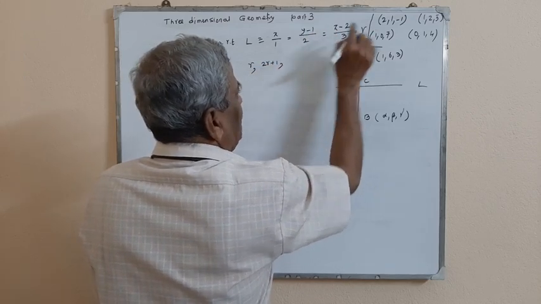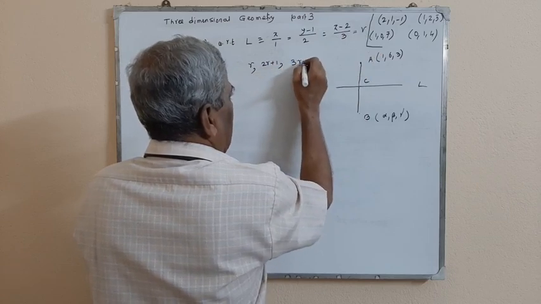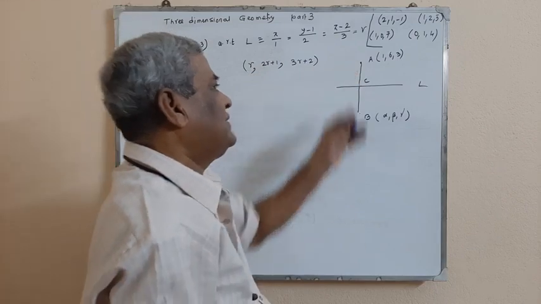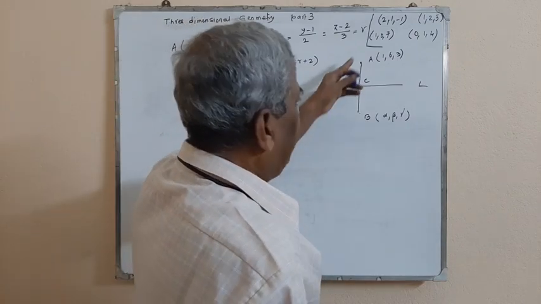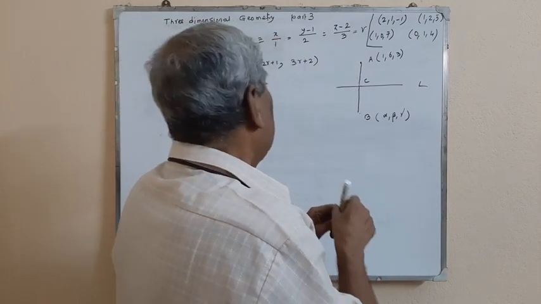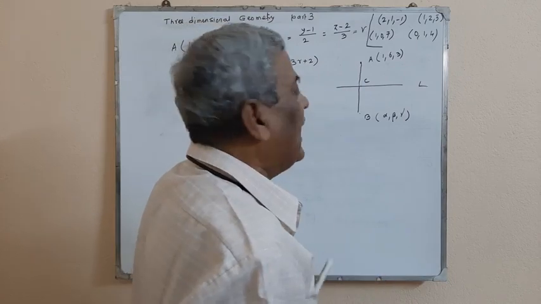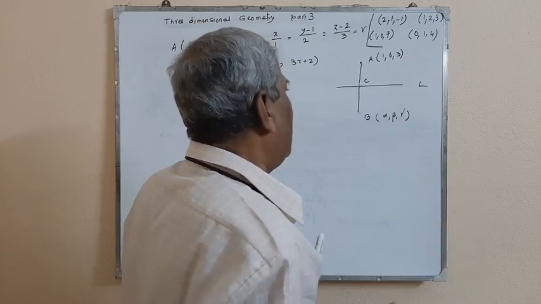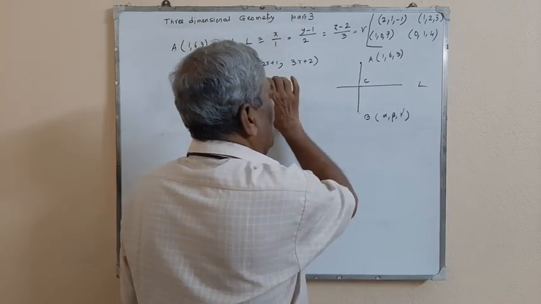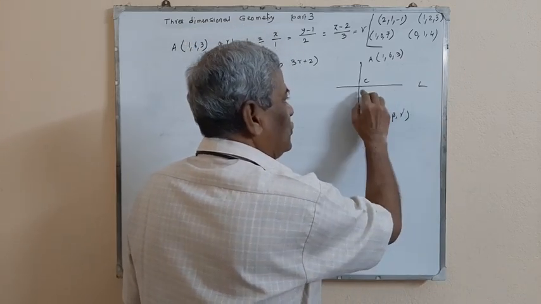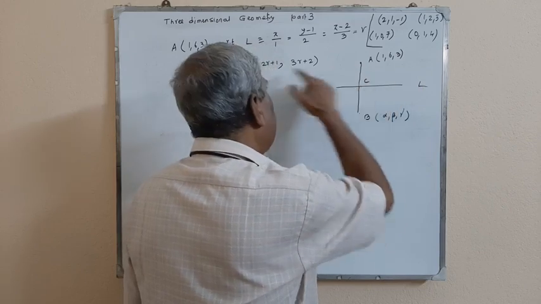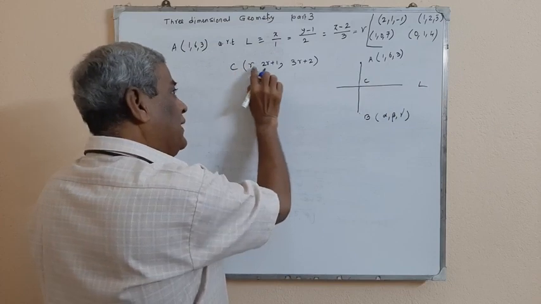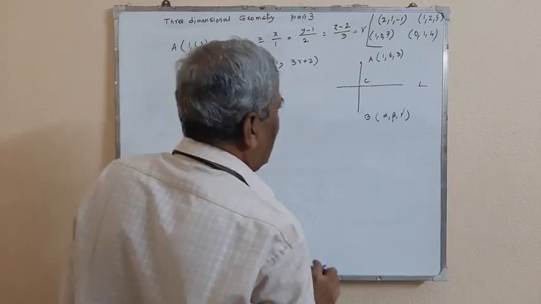And Z is equal to 3R plus 2. This is any point on that line. It depends on the values of R. We find such a value of R so that this point lies on the line L. So in that case, C will be that point. So we get C for a particular value of R.